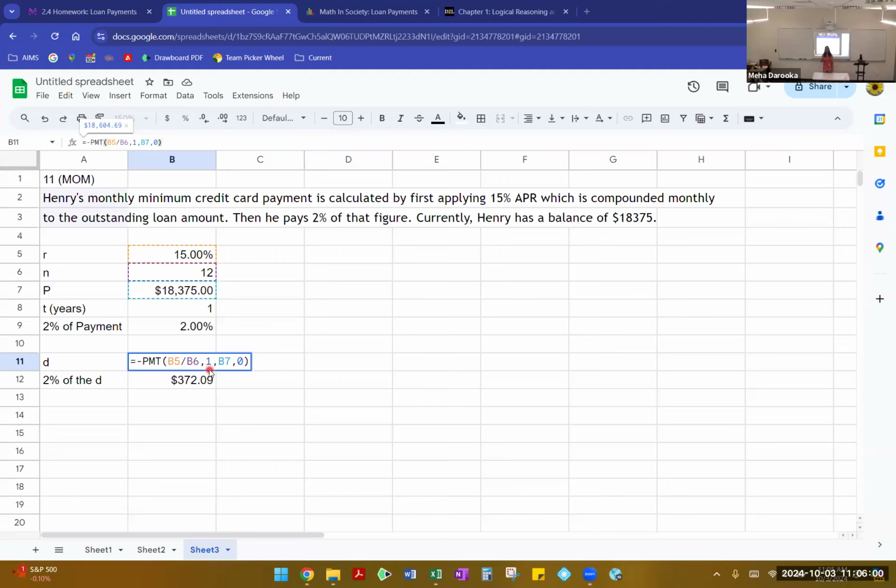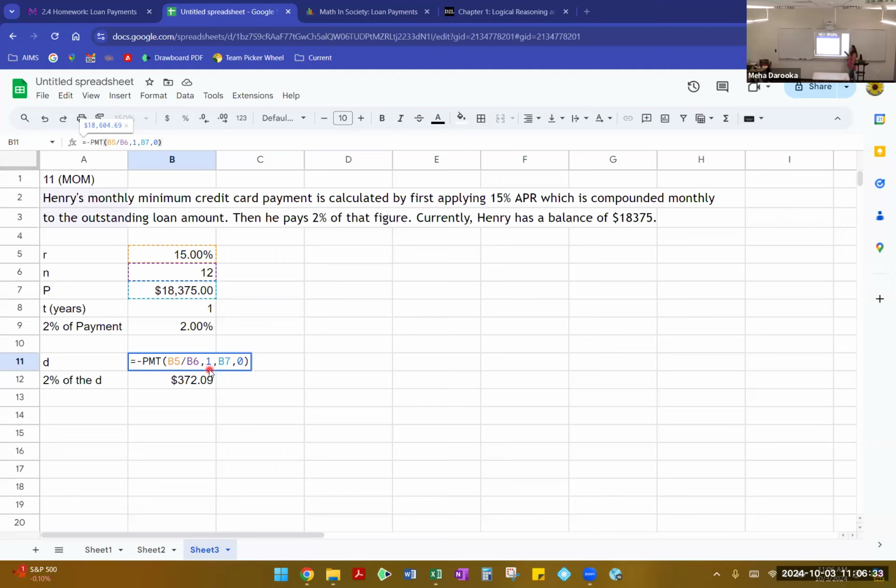That's like how they did 35 as the exponent in the textbook example, because they were saying at the end of 35 days, you'd be paying the $900 that Bilkis had borrowed. So this is the same idea here. What if at the end of the month, Henry decides to pay off this whole balance he has, which is the 18,375 plus whatever interest is being charged at that 15%? That's why we are changing that exponent to 1.